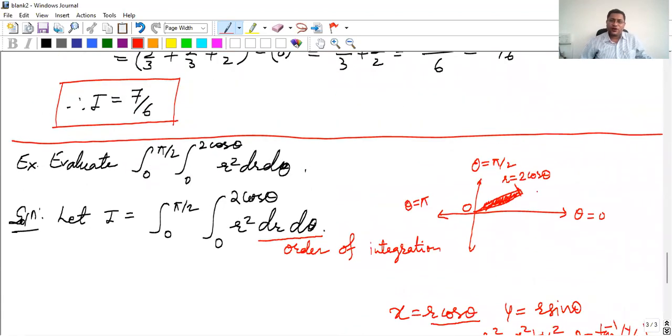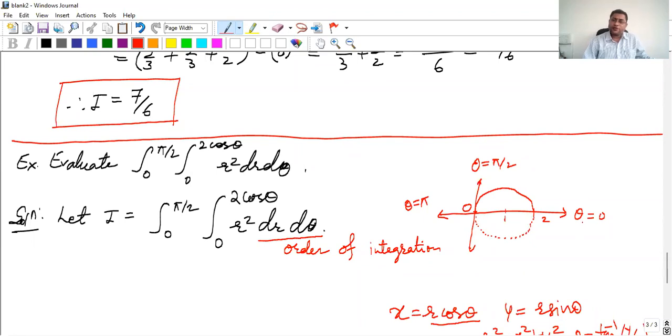So if I draw this circle, how will this circle look? Here I have 1 and this is 2. So this circle will look like this. So this will be the circle.